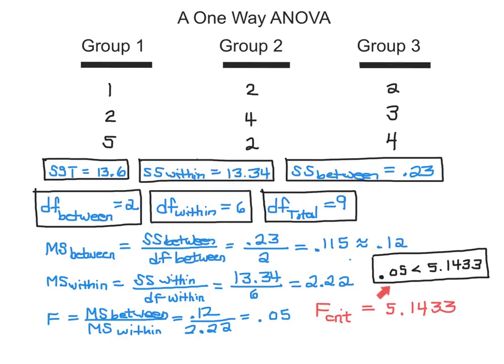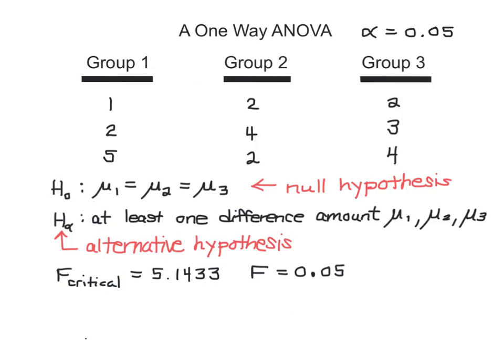So we did not get into the critical region for rejecting the null hypothesis. So here we can see that our F statistic is less than our F critical, which means that we failed to reject our null hypothesis. And therefore we support the hypothesis that these three groups have an equivalent mean.